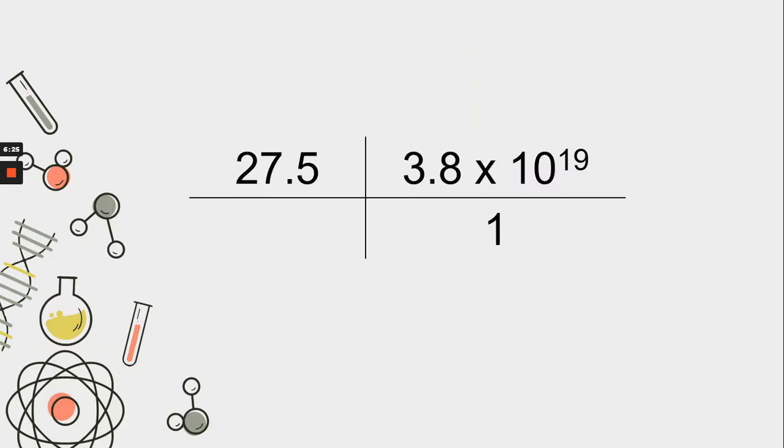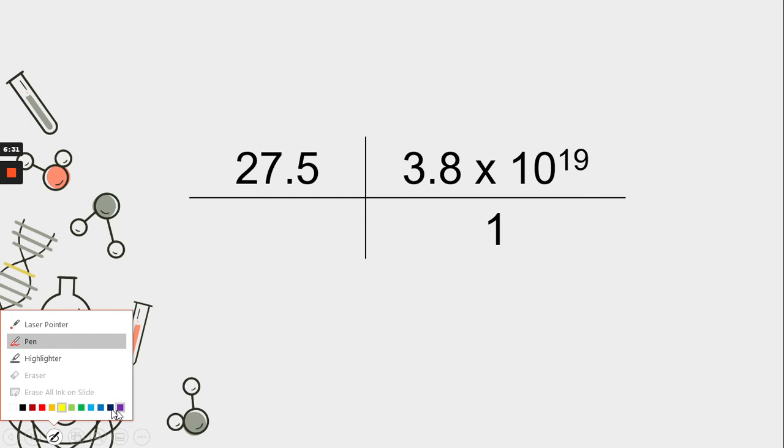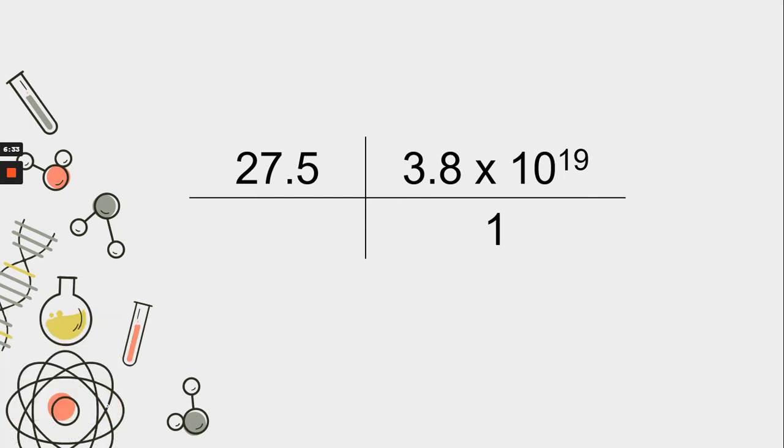So now, just to be sure we're doing it right, I want everybody to try punching this into their calculator. All right, so punching it in using whichever kind of calculator you have, because you've written down what you're supposed to do, right? Punch in 27.5, and remember we multiply across the top, so times 3.8 times 10 to the negative 19th using your proper scientific notation button, whichever kind of calculator you happen to have.